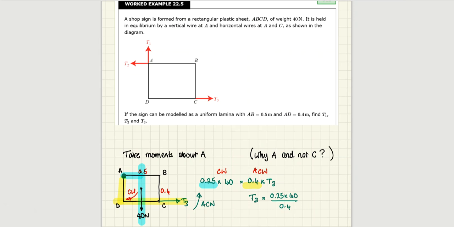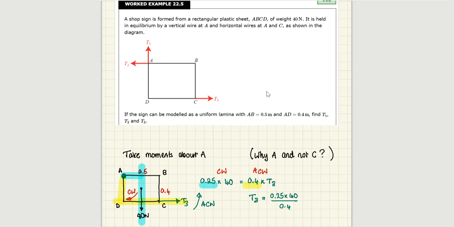By starting at A, if I'm taking moments about A, these two forces are 0, aren't they? There's no moment, because the distance is 0 from that point. Therefore, this is the only force applying a moment about A. If I decided to do about C, obviously T3 is eliminated, but I've got 2.